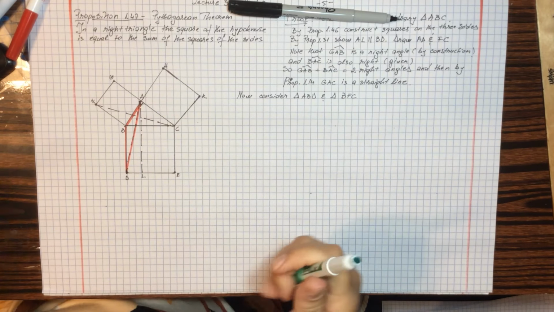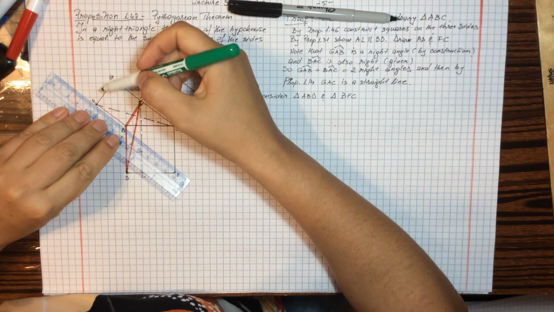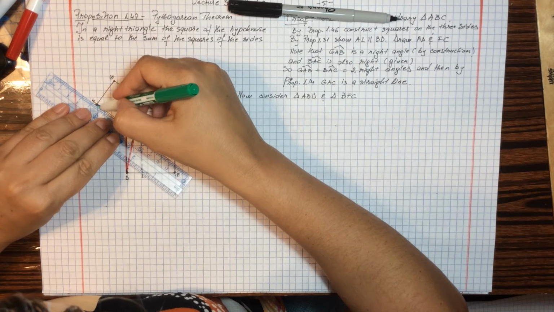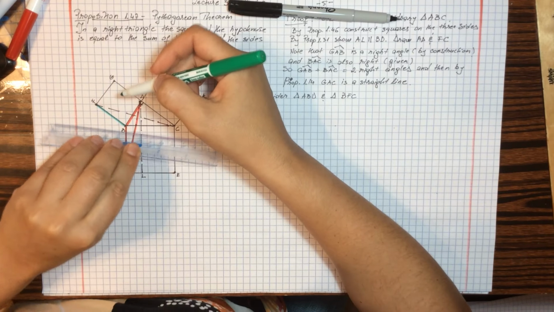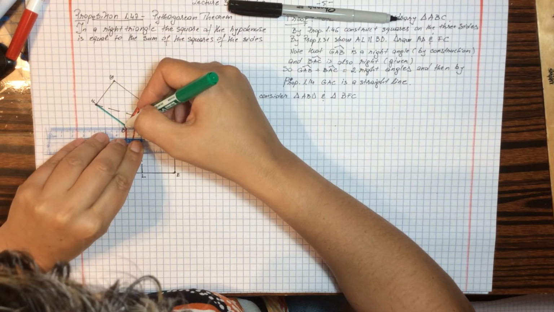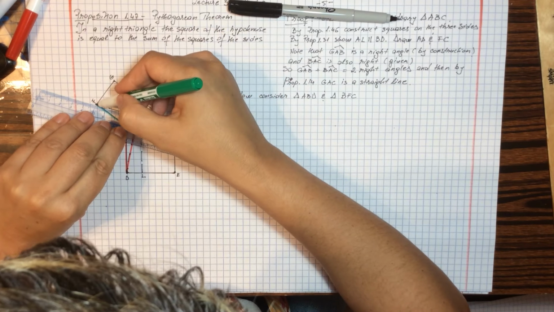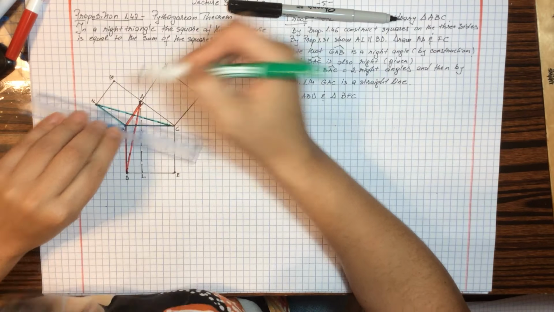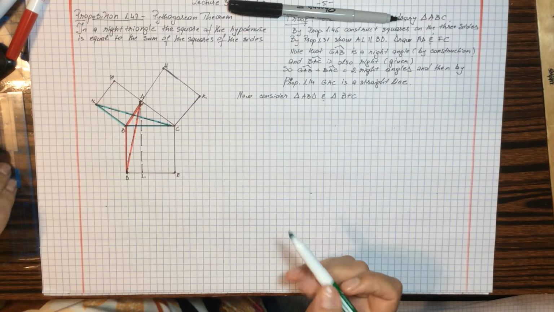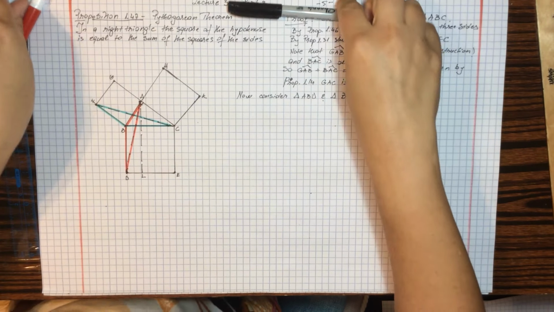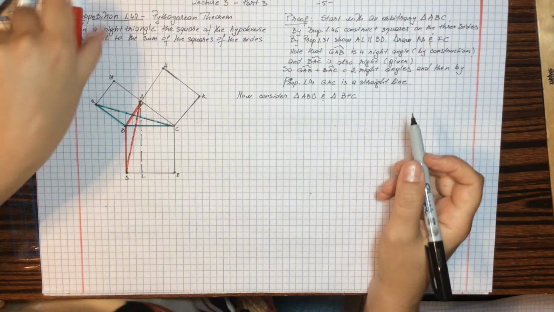So BFC. So I'm considering the red and green one. I'm going to consider these two triangles.